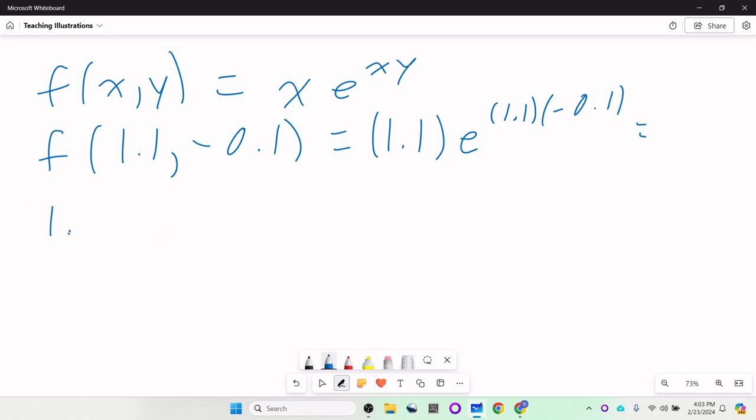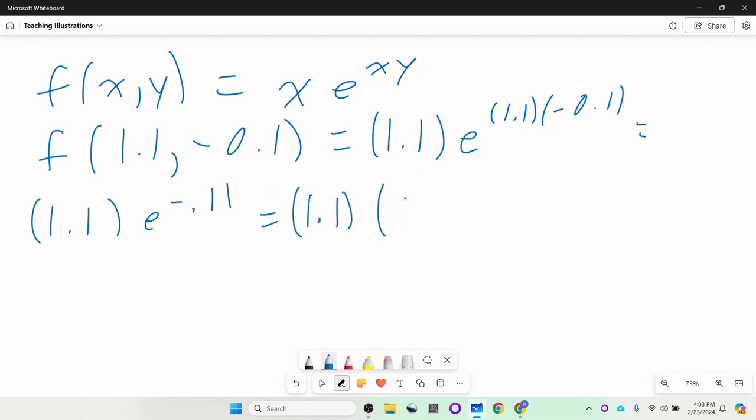My first calculus professor worked at Texas Instruments, and he explained all this to us. E to the negative 0.11. Do you think the calculator just has a table that has thousands upon thousands of entries and would take terabytes of data to hold? No. What it does is use some sort of series. For instance, it might use the Taylor series.